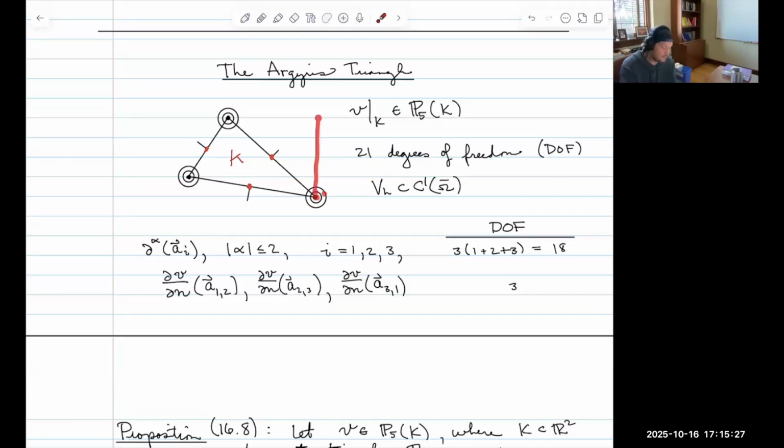So there's going to be a triangle over here, and we're going to make sure that the partial derivatives in the next triangle agree up to the second partials, and the normal derivatives agree. If we make that happen, then we know that the function is going to be globally C1, and on each triangle, it's going to be a polynomial of degree 5.